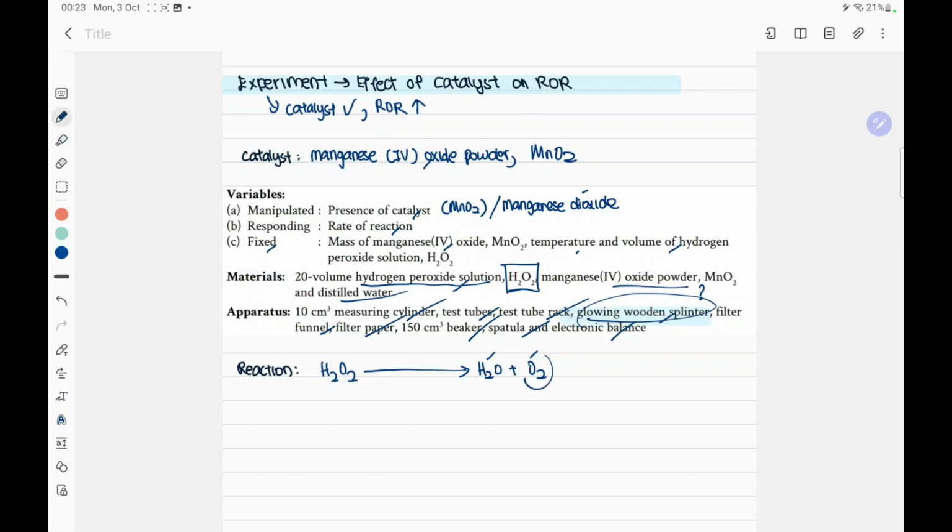Because it will form oxygen gas, and we know oxygen gas ignites a glowing wooden splinter. So now we know all the reactions, we know what the catalyst is, and we know what we need. So now let's dive into the actual procedures.